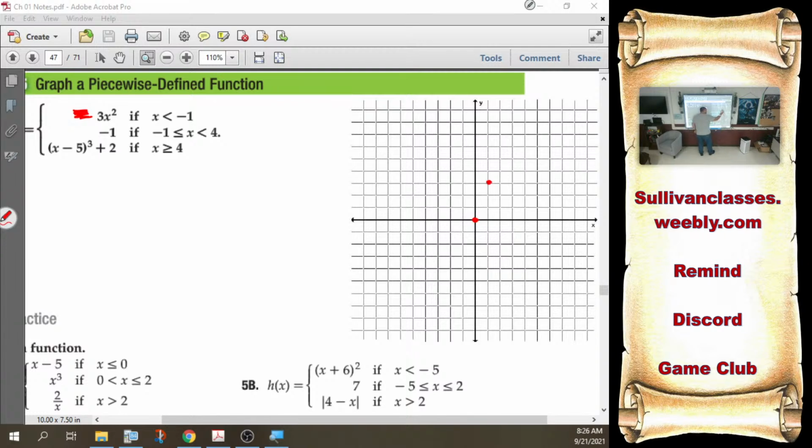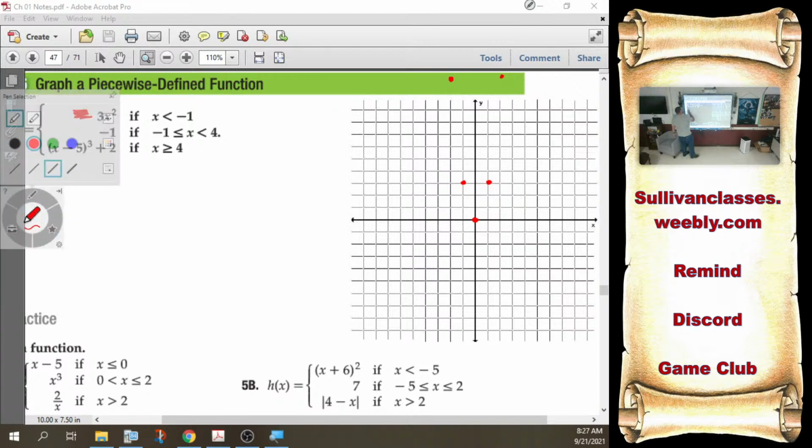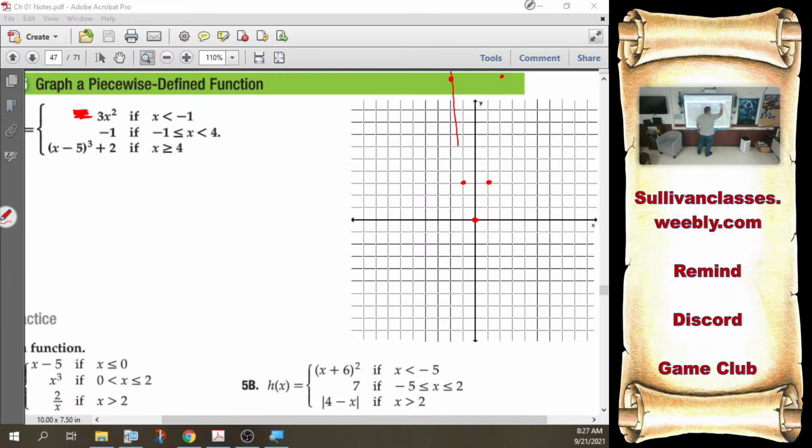1, 3, 2, 12, negative 1, 3, negative 2, 12. But I only care about this graph when x is less than negative 1.